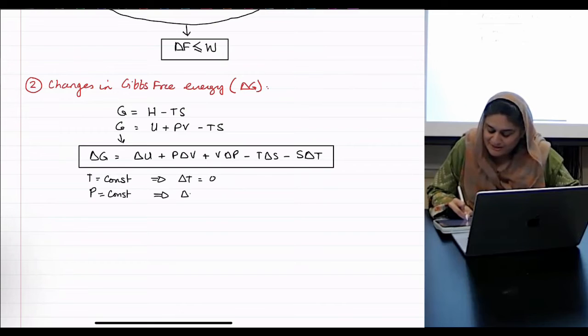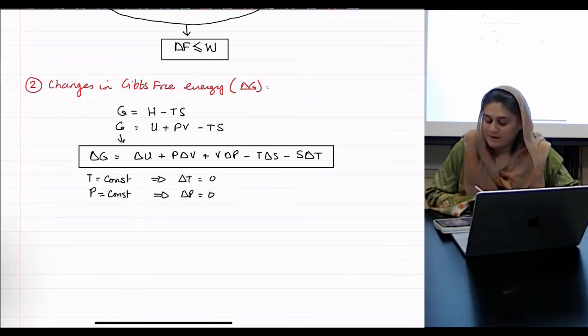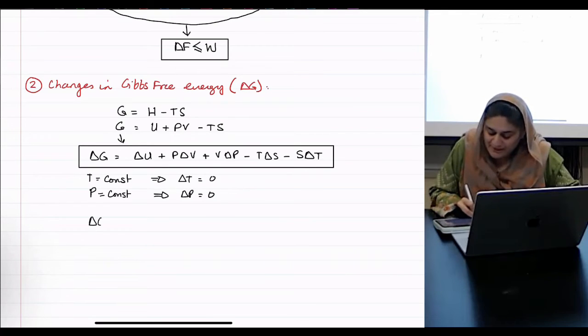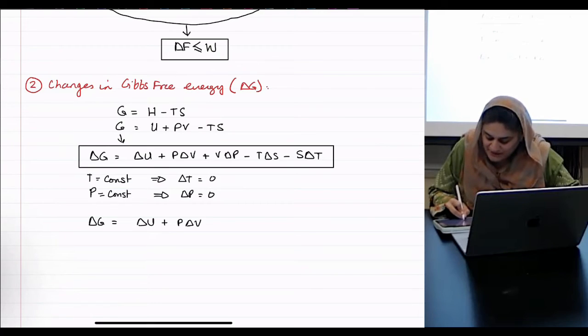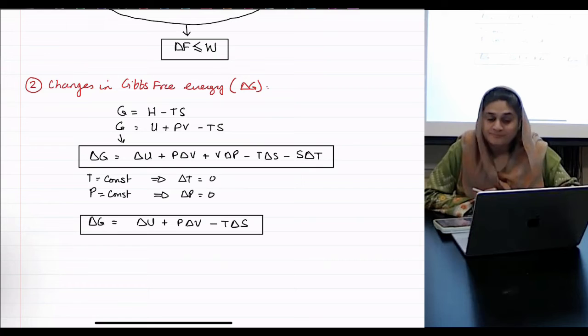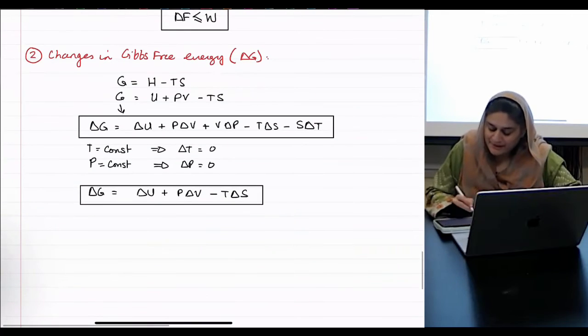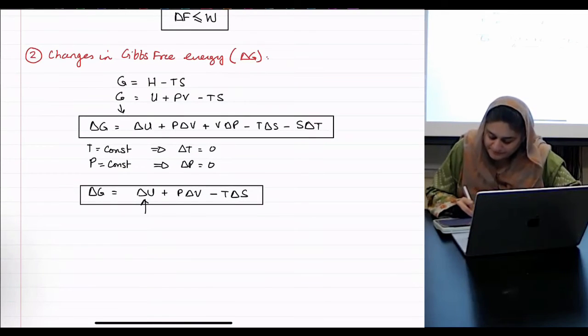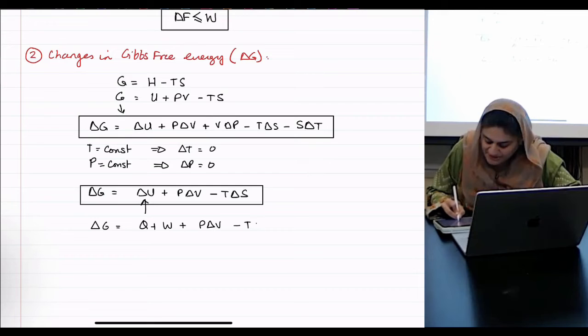Which implies delta P must be 0. So then may I rewrite this as delta U plus P dV minus T delta S. And then may I rewrite this from the first law as delta G equals Q plus W plus P delta V minus T delta S.